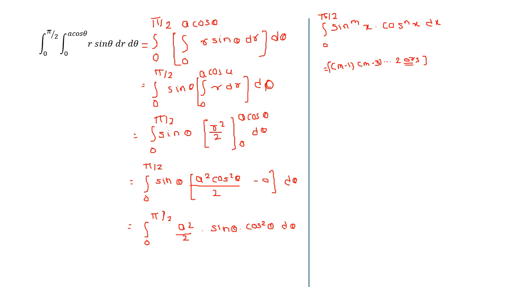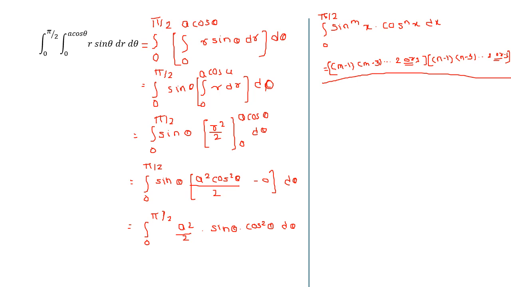In a similar way for n, subtract odd terms, n minus 1, n minus 3, and so on, until we get 2 or 1. After getting 2 or 1, we stop here.